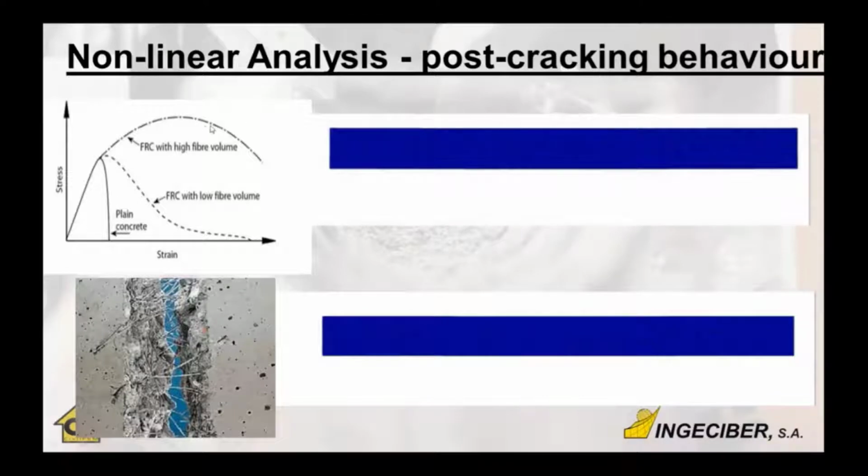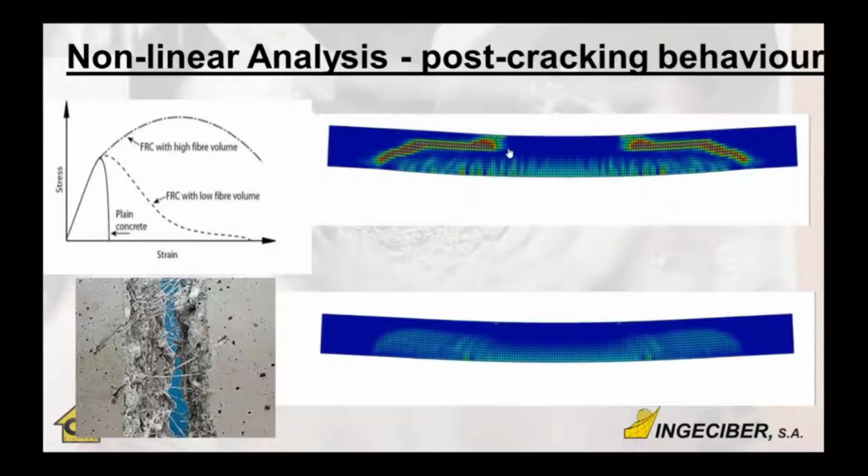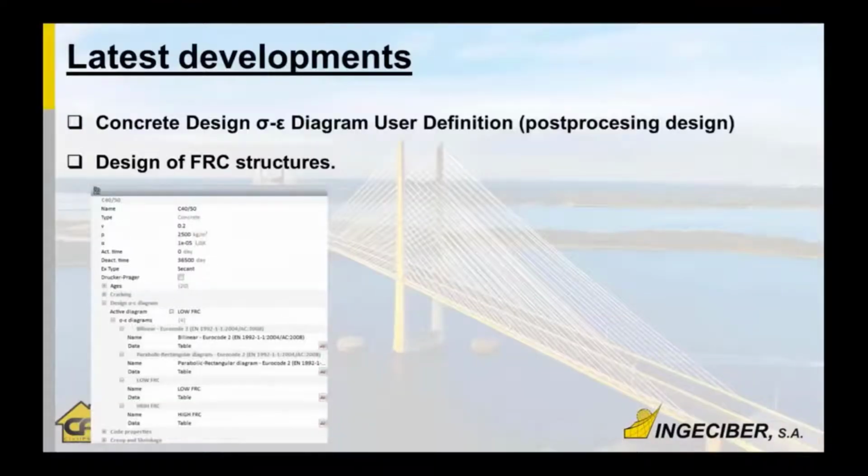In one of them there is no fiber reinforcement, and in the other there is. And we can compare different behavior for the same loads. Here, cracking is happening. Here, cracks are more reduced. And here, the failure is due to this shear crack. And here, for the same loads, there is no failure. We have to increase them, and the final failure is due to bending cracks. So, well, that is for solving.